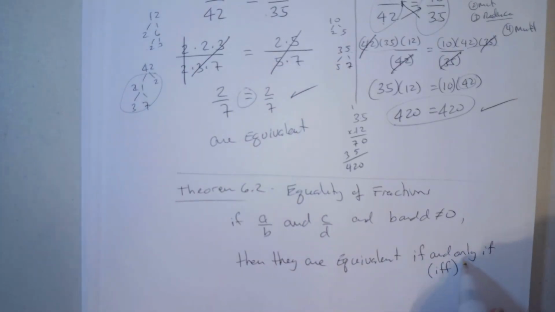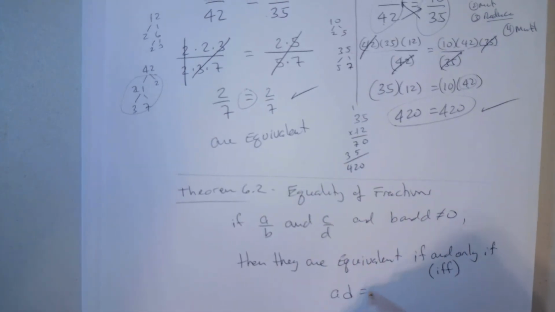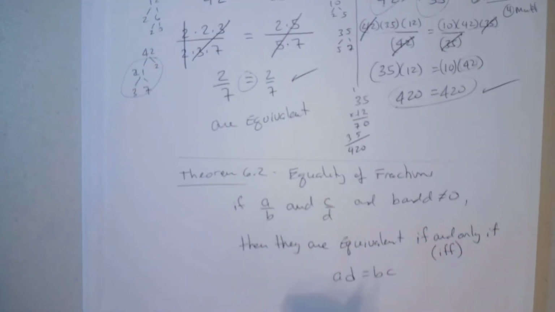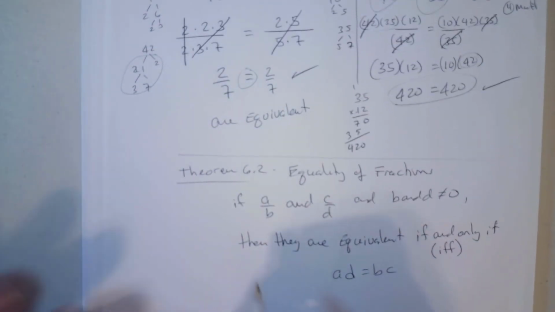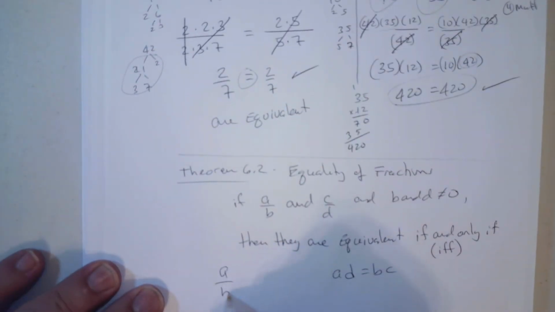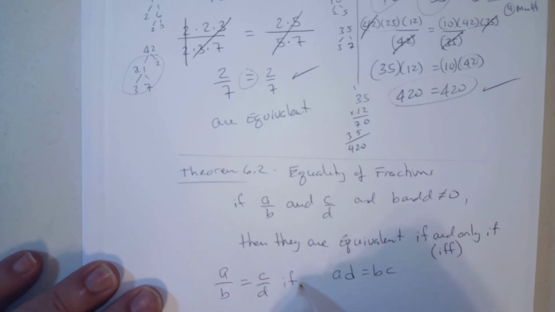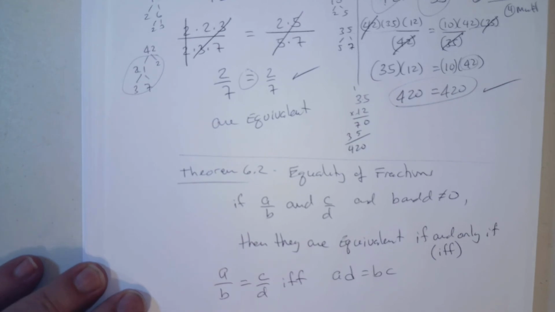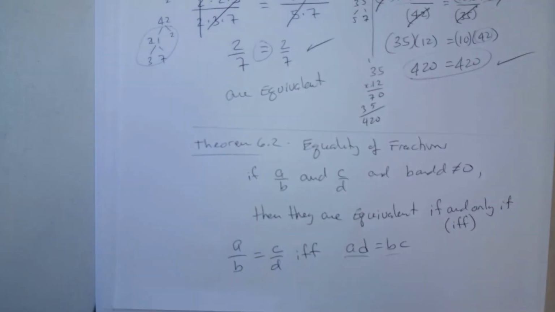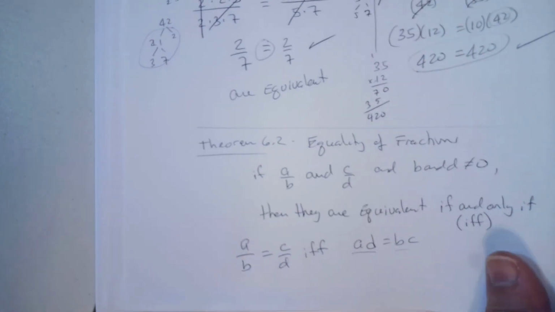So A over B is equal to C over D if and only if A times D is equal to B times C, which is the shortcut which I use.